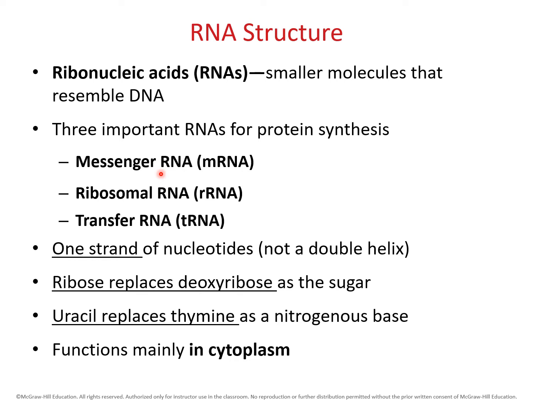Messenger RNA, however, can go into the nucleus and come back out into the cytoplasm. So messenger RNA goes into the nucleus. It's going to copy, there's going to be a copy made of DNA. And then that's actually when we really call it messenger RNA. Because at that point, this molecule is serving as a messenger to the rest of the cell about what the DNA code is.